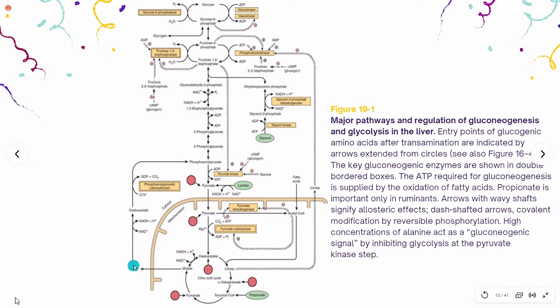Now, this is oxidized and becomes oxaloacetate. And then it's decarboxylated and becomes phosphoenol pyruvate. Phosphoenol pyruvate, this is a reversible reaction.